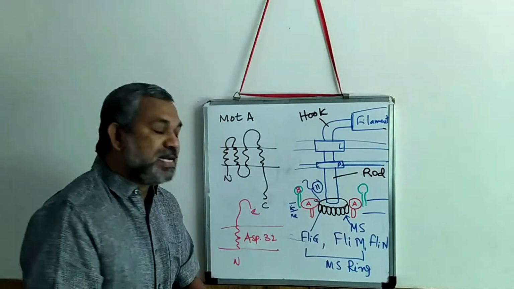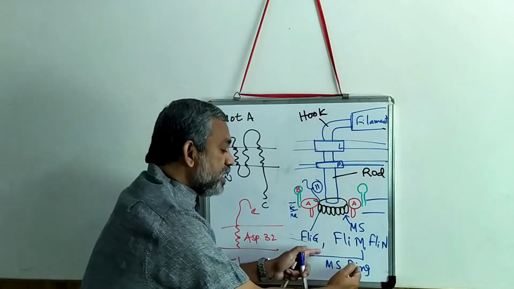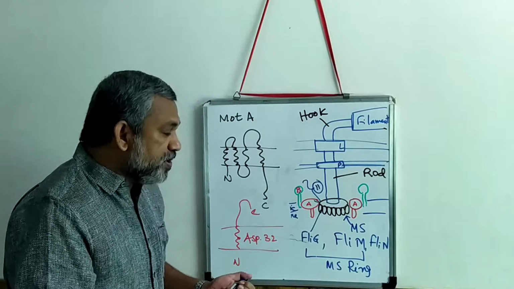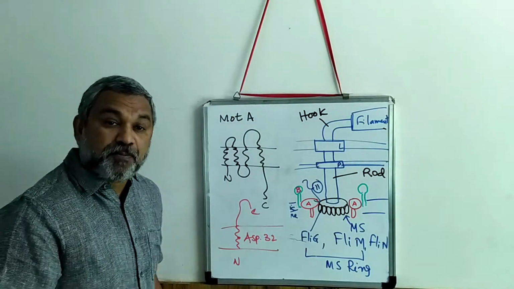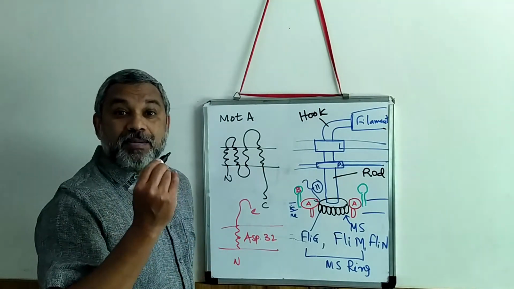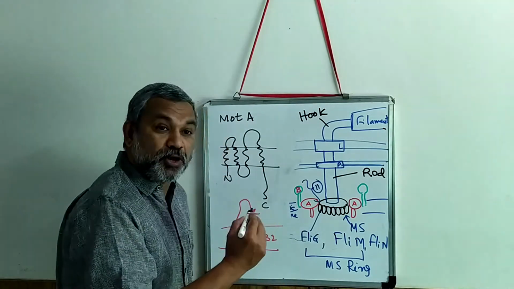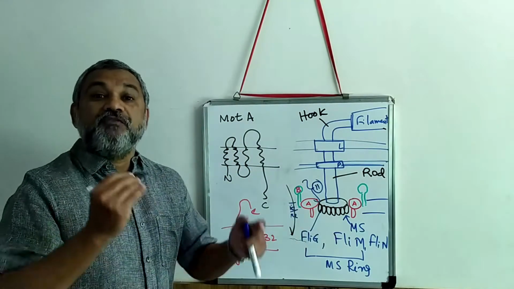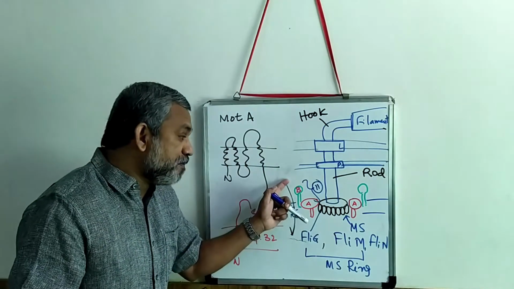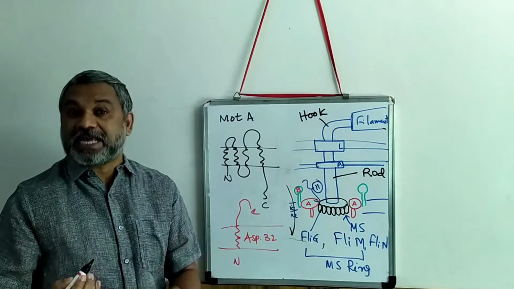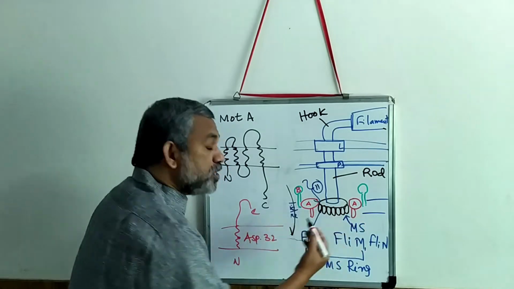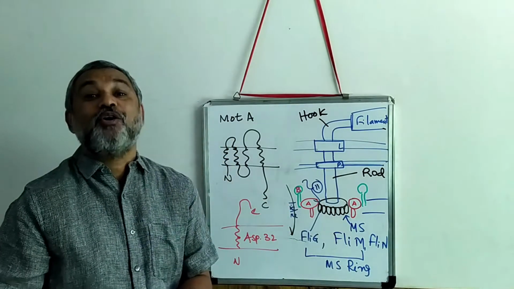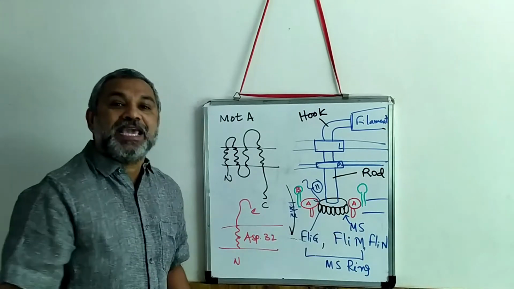So how exactly is the Fle-G or the MS ring rotated? The MS ring will be rotated by transporting protons across this membrane. The movement of protons from the periplasmic space to the cytoplasmic side helps the motor to rotate. Let us look at a detailed structure of this particular MS ring.